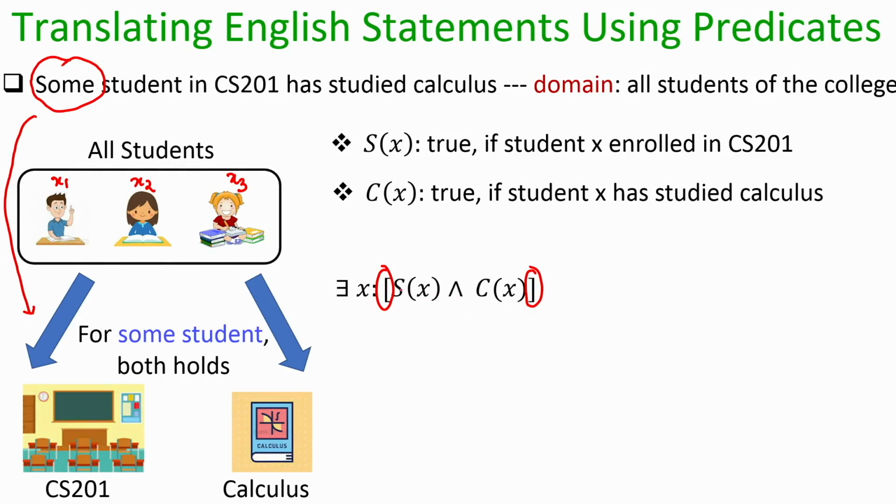So, to avoid confusion I have explicitly added parenthesis, because I want to represent the fact that it is for the same x that both S of x and C of x hold simultaneously.